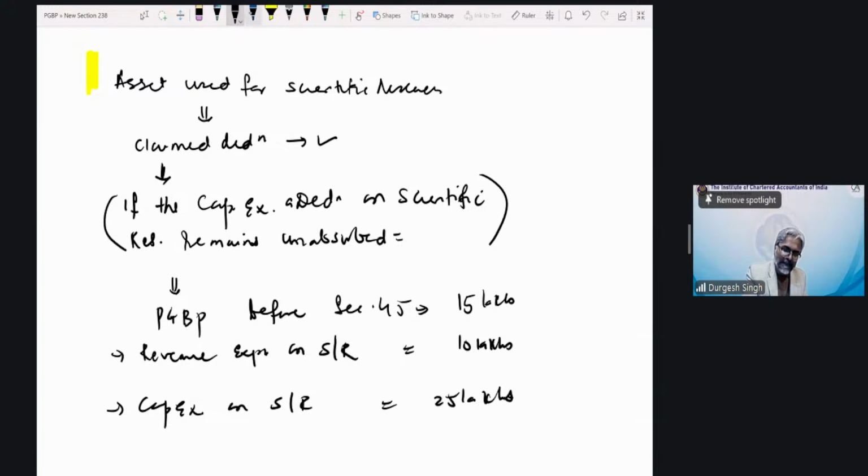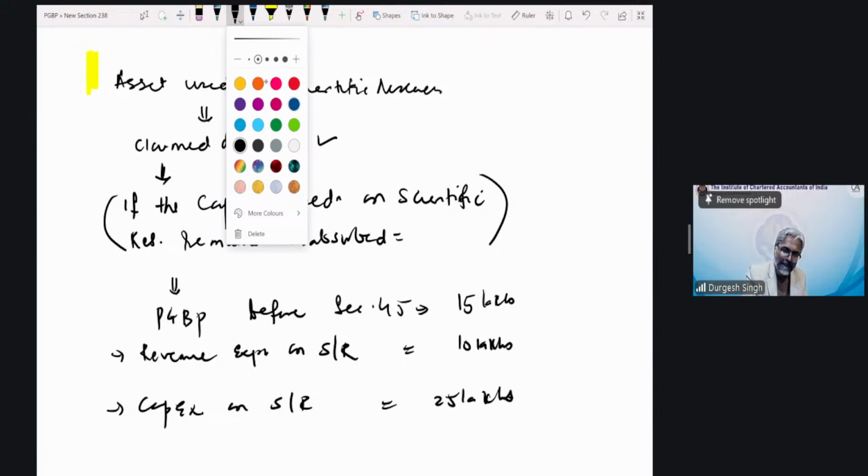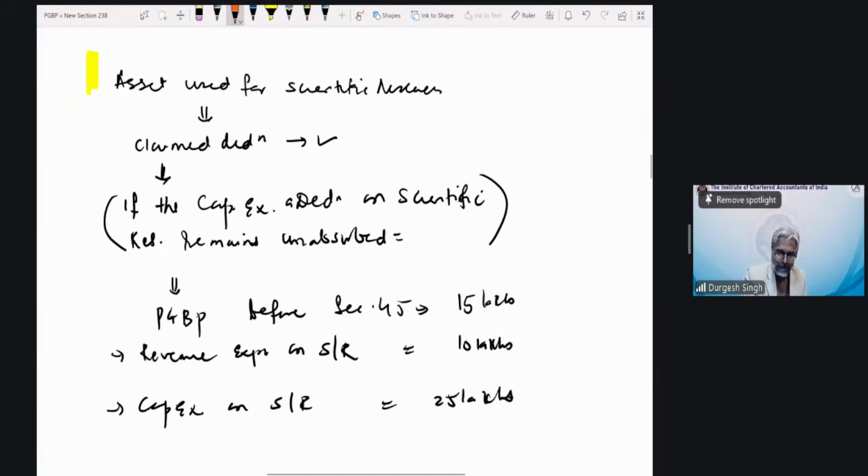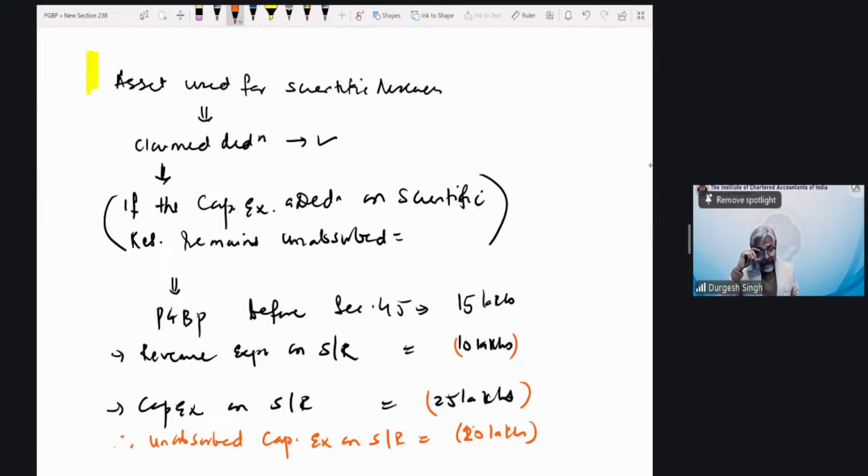So can I say in this case, students, therefore, unabsorbed capital expenditure on scientific research is how much? In this case, students, out of 15 lakhs, this first 10 lakhs will go, 5 lakh remains. You can only adjust up to 5 lakhs. So how much is unabsorbed? 20 lakhs. 20 lakhs, students.